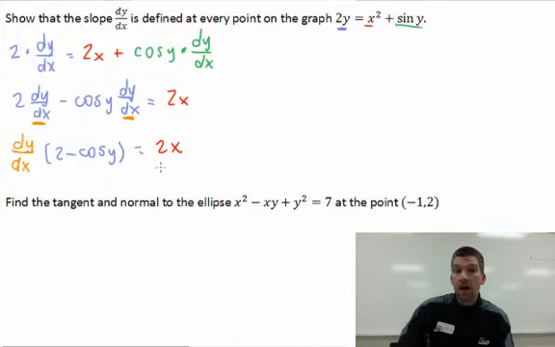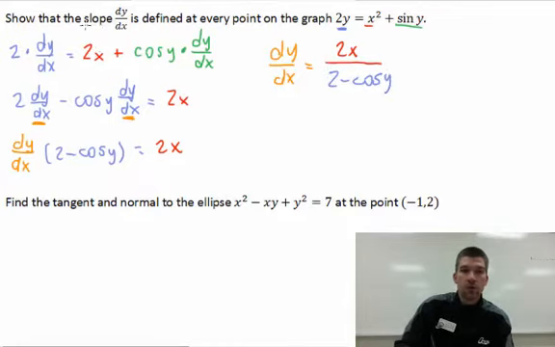Then I'm going to divide both sides by 2 minus cosine y. So dy/dx equals 2x over 2 minus cosine y.